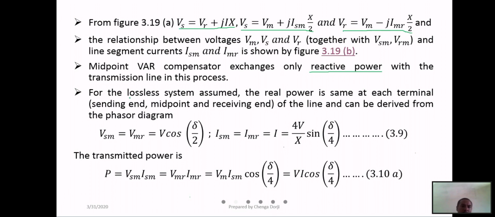Then now, for the lossless system, what is a lossless system? Roshan? Lossless system.